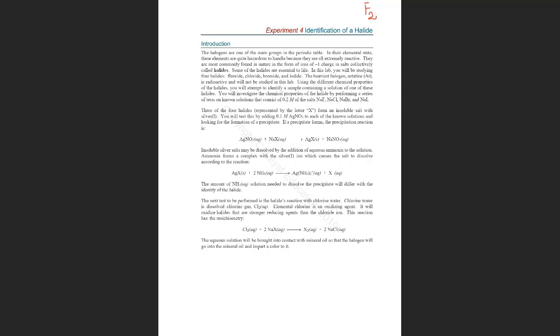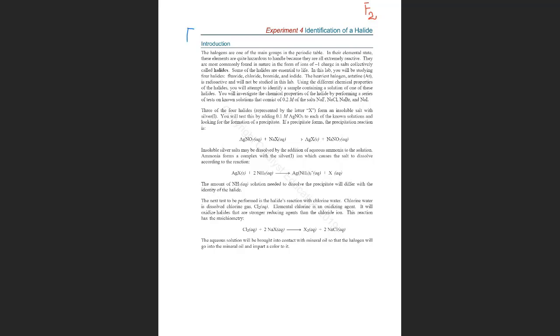But we said that these halogens are very reactive. We don't find them in nature like diatomic molecules. And in nature, we found these halogens as salt. And they are found as ions in the form of -1 charge.